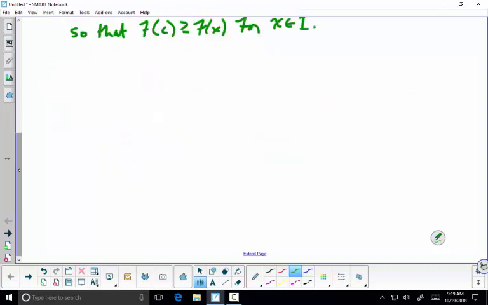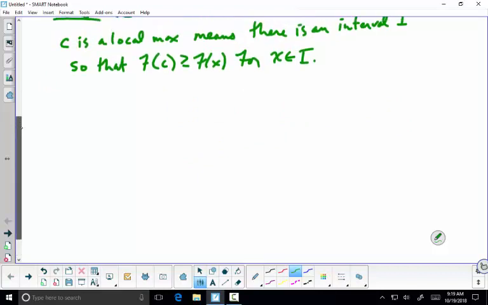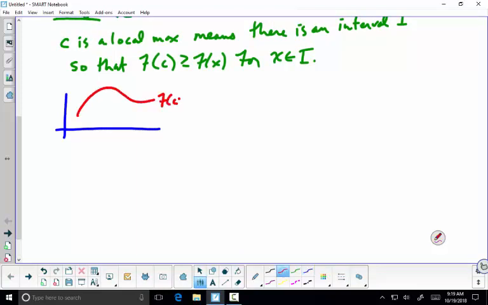So that can be somewhat weighty notation. Let's go ahead and just look at the picture of that and see what I'm saying here. So if here's our function f of x, notice that at c, we've got a local max.